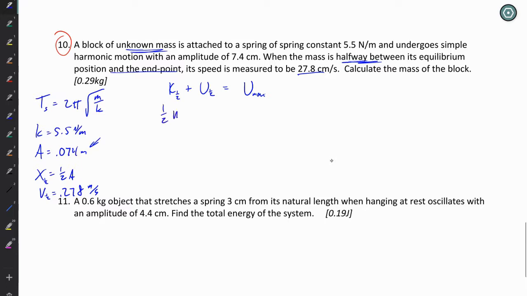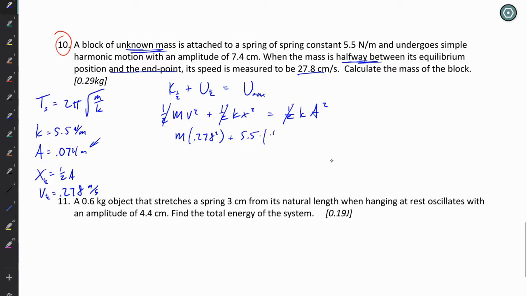So 1/2 mv squared plus 1/2 kx squared equals 1/2 ka squared. Get rid of all the halves. The mass is what we don't know. And so we've got mass times its half velocity, its velocity at the halfway point, which is 0.278 squared, plus spring constant k, 5.5 times x, that's the half x, which is going to be half of the amplitude.